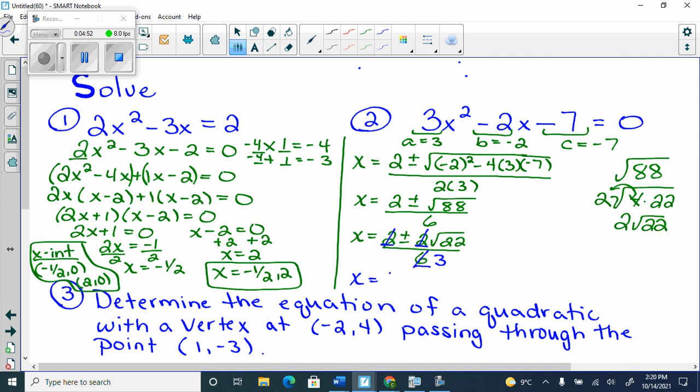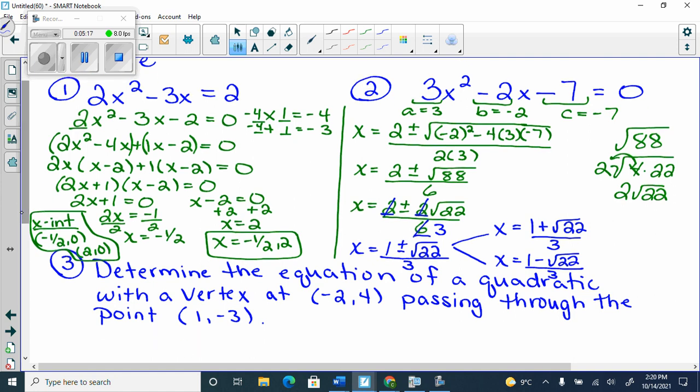So we have to go 1 plus or minus square root of 22. If you wrote the 1 in front, you're not wrong. All over 3. And then that splits into x equals 1 plus root 22 over 3, and x equals 1 minus root 22 all over 3.